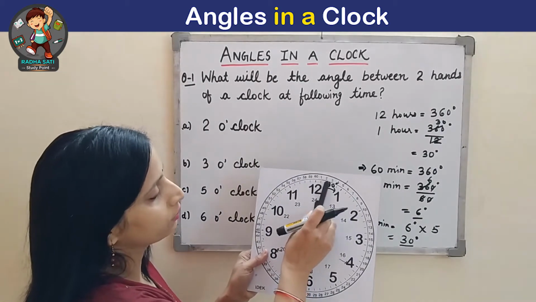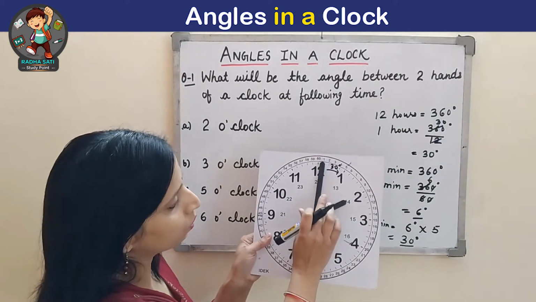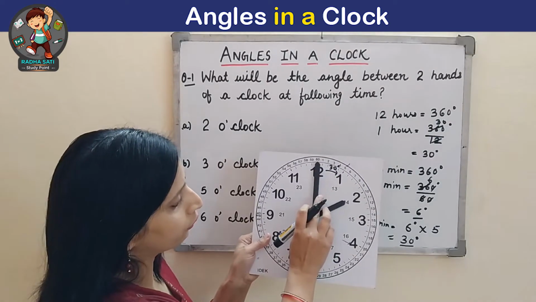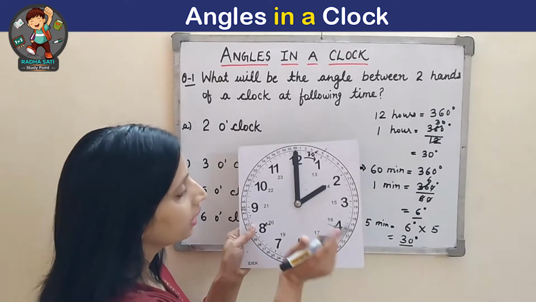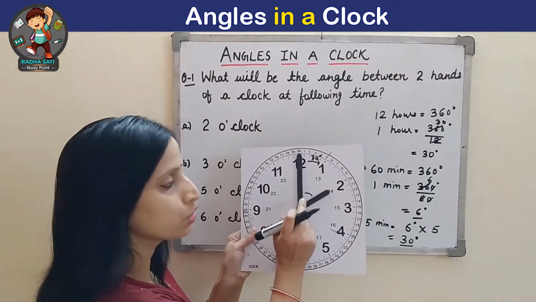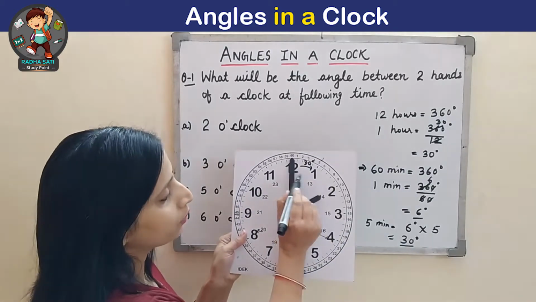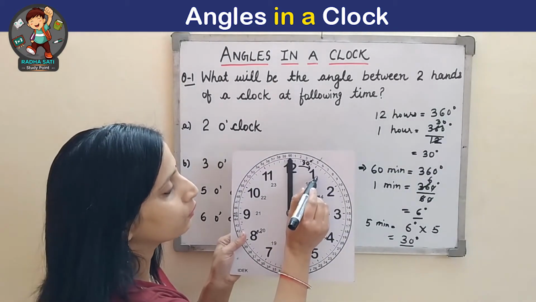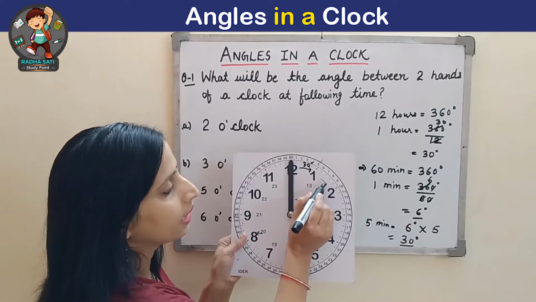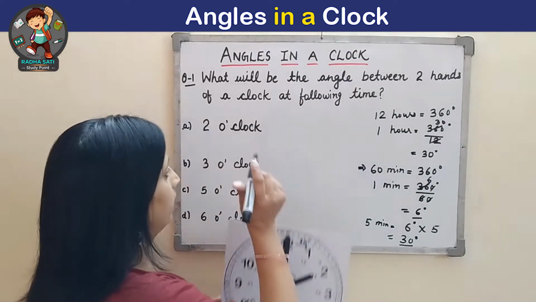At 2 o'clock, our hour hand will be at 2 and the minute hand will be at 12. We have to find this smaller angle. We can easily find it: from 12 to 1 is 30 degrees, then from 1 to 2 again 30 degrees. So 30 plus 30 is 60 degrees.